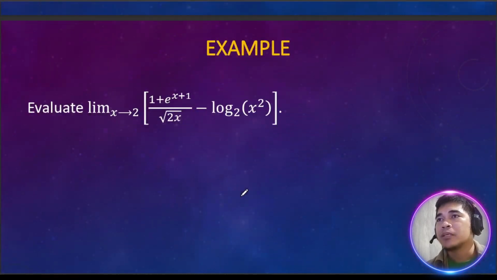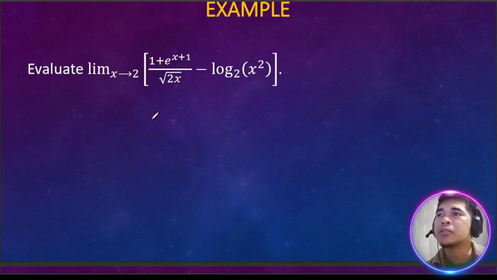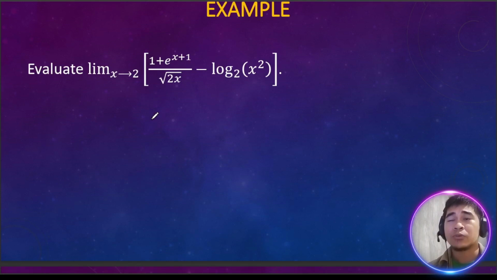Alright, so we have the example: the limit of 1 plus e to the power of x plus 1, all over the square root of 2x, minus the logarithm of x squared with the base of 2, as x approaches 2. It looks a bit difficult, but we need to solve it piece by piece using the theorems we read earlier.